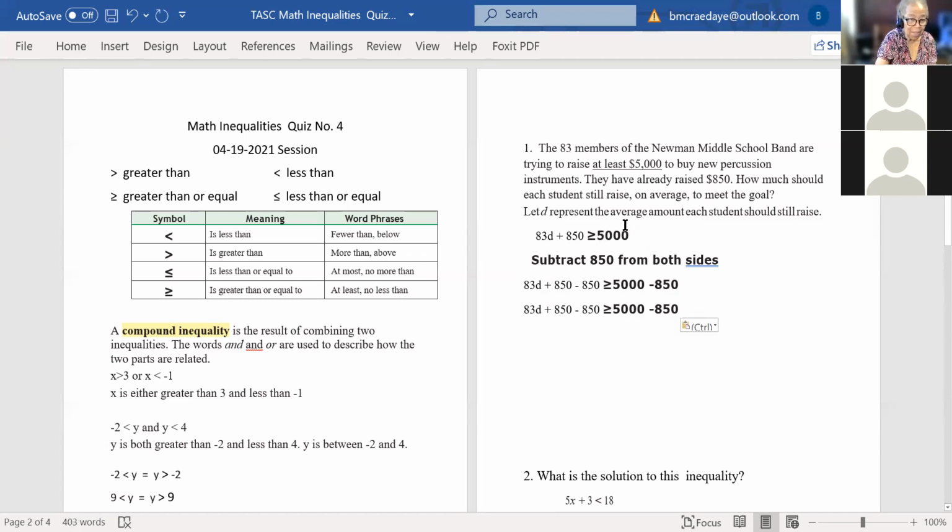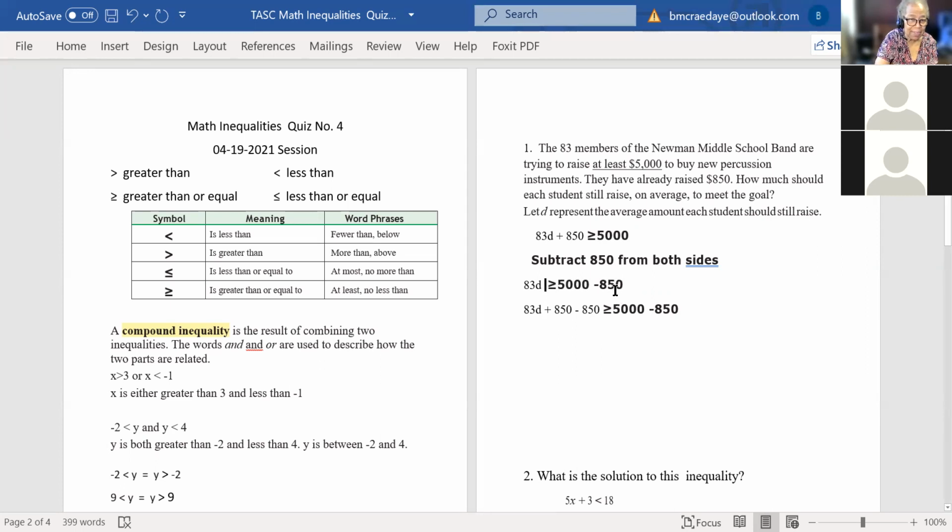You get 83D, because 850 minus 850 is 0. So what you have left is 83D.